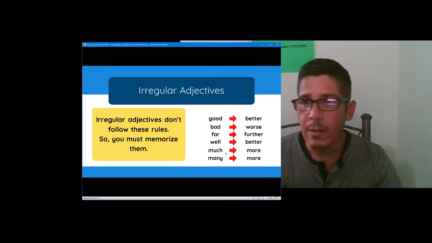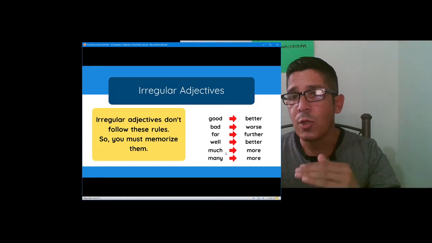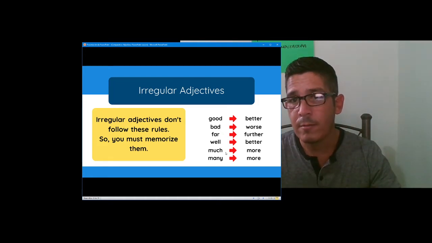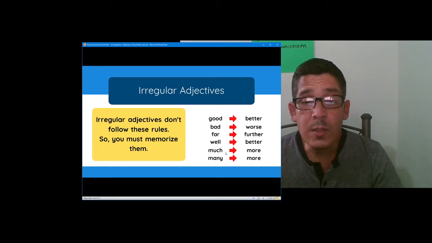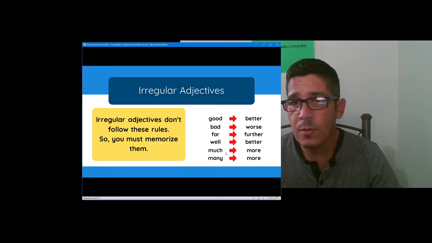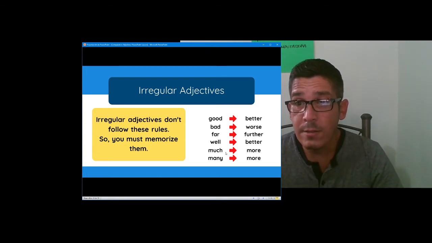Or you say short. For example, you say Claudia is shorter than Juan. Okay? Another that you can use in this case, it should be fast. Okay? My car is faster than your car.